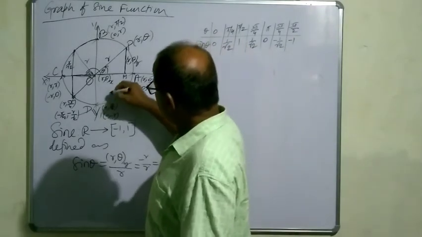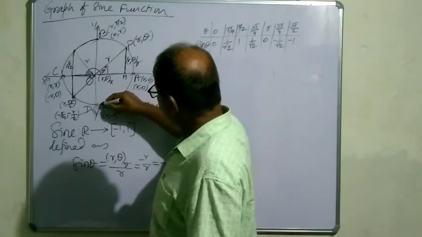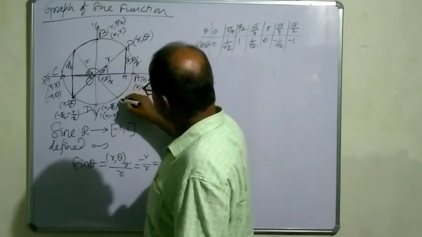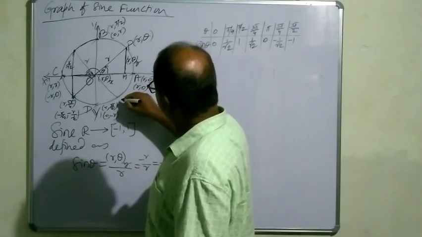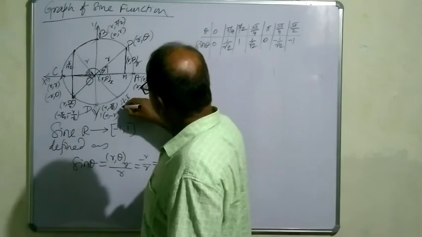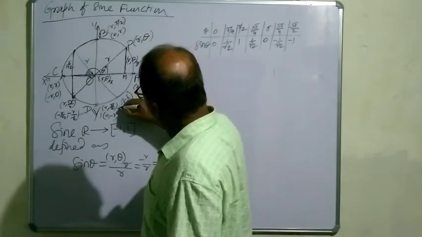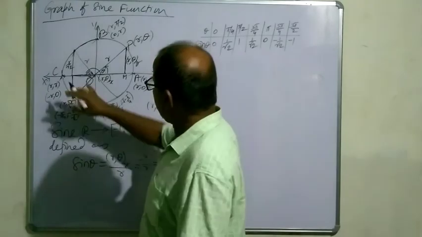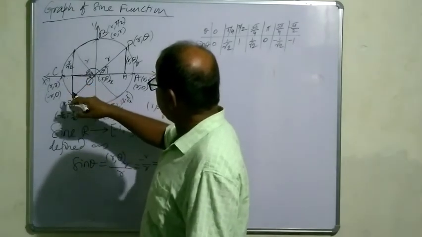Now again, the value of theta will increase like this. Suppose we may say it is 2 pi minus pi by 4, or 7 pi by 4. Same thing, or pi plus pi by 2 plus pi by 4.